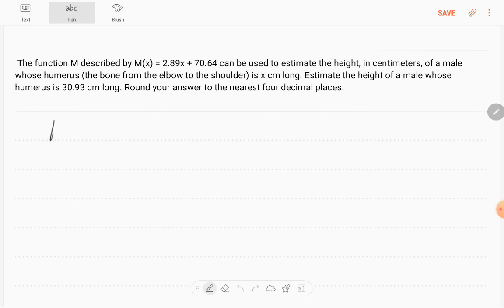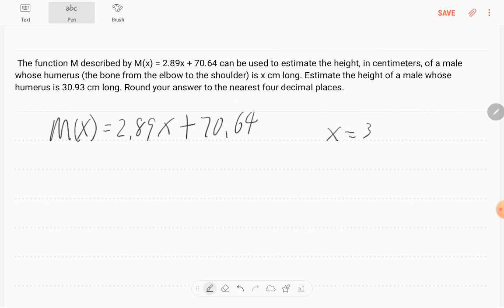So this is m equals 2.89 times x, where x is the length of the humerus in centimeters. Now our x is equal to 30.93. So the height m at x equals 30.93, what is this height?